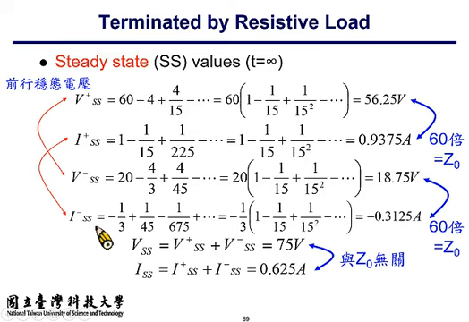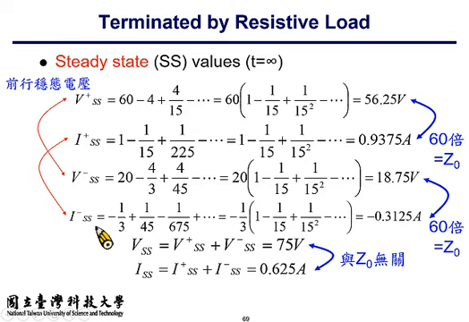So this is the zeroth order of -1/15, this is the first order of -1/15, this is the square of -1/15, and the next one is the cube of -1/15. So you can write out the solution, and the analytical solution of this infinite series will be 56.25. That is the steady state voltage going from left to right.